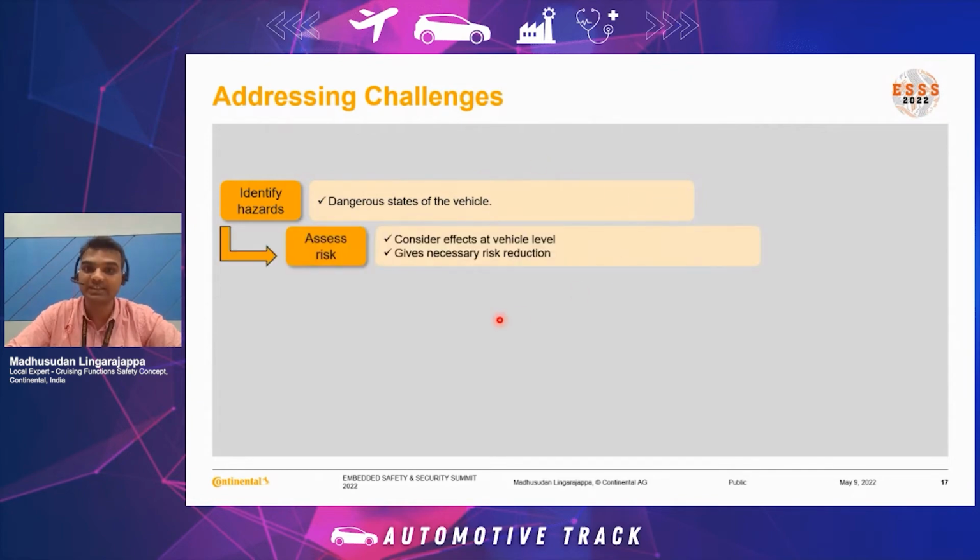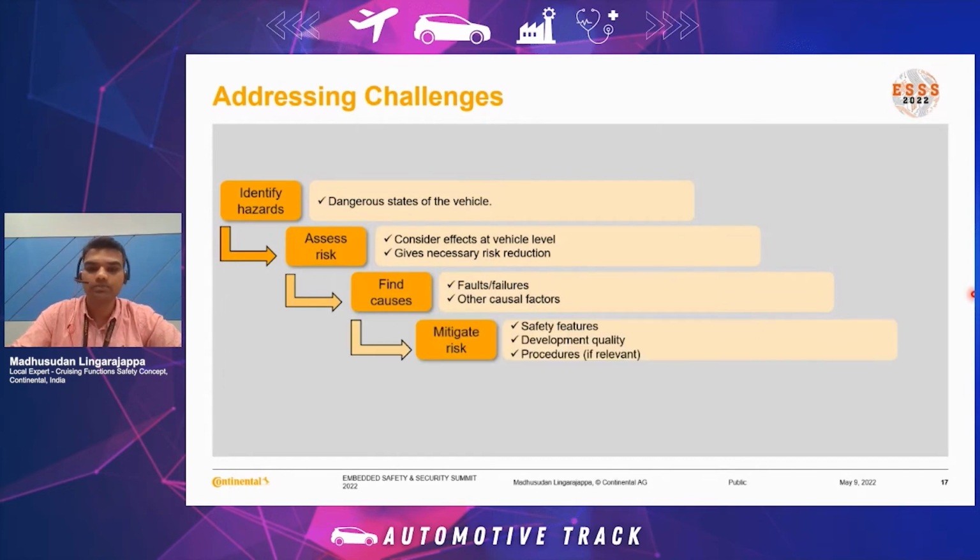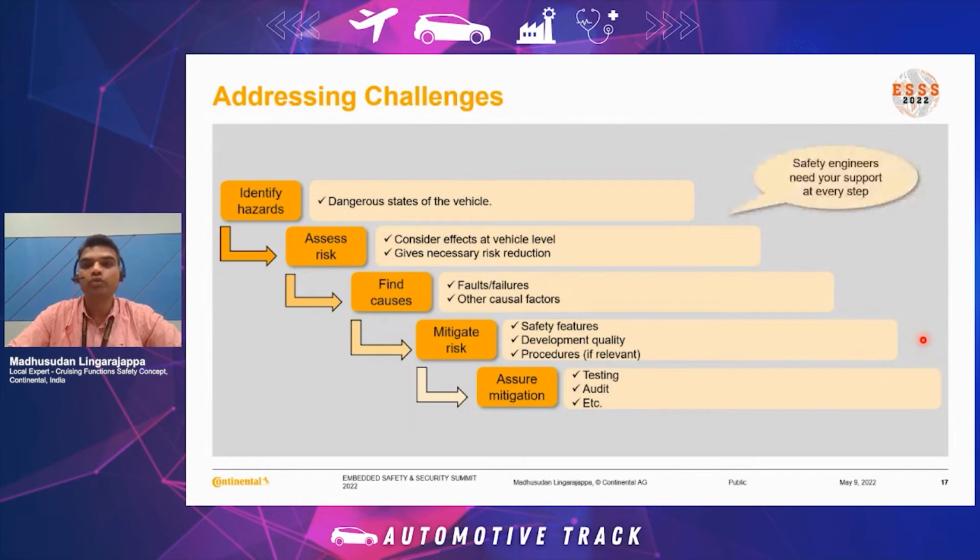Then we have to assess the risk, then find the causes: what are the different causal factors or the triggering events which are leading to those hazards? Then we have to come up with the mitigation strategies, which are the measures to prevent or reduce the risk. Lastly, we have to assure the mitigation by testing, verifying, validating, and auditing. So we safety engineers would need all your support from the project inception till we deliver the project.